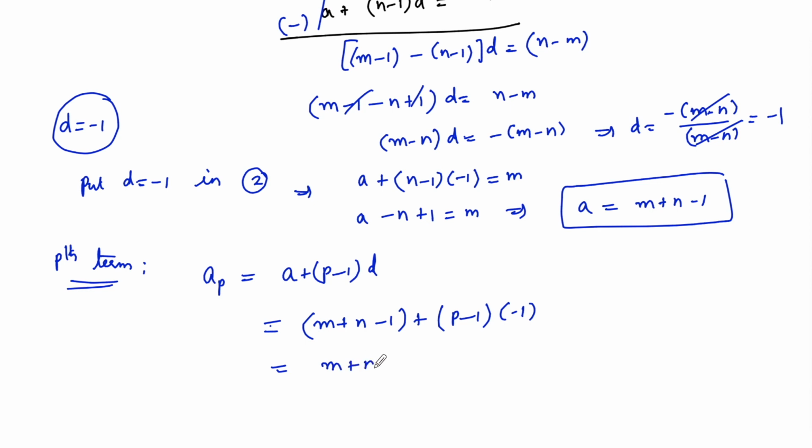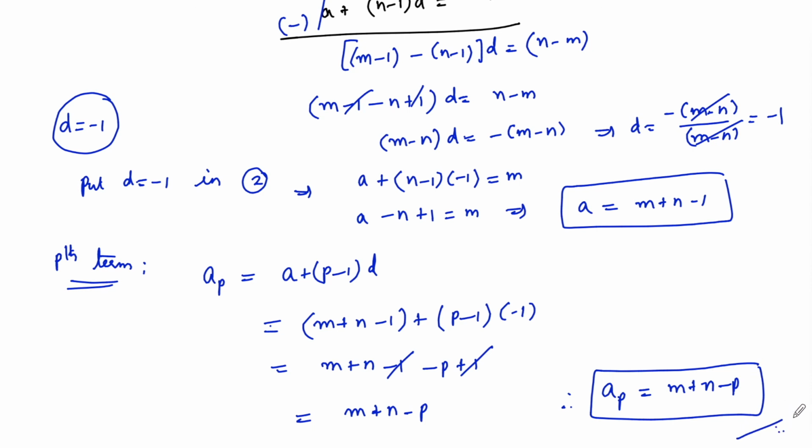On simplifying, m plus n minus 1, and p times minus 1 is minus p, and minus of minus 1 is plus 1. So we can cancel here, and we get the answer m plus n minus p. Therefore the pth term is nothing but m plus n minus p. Okay.